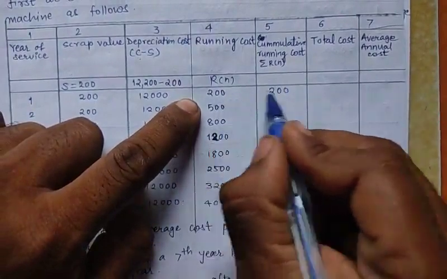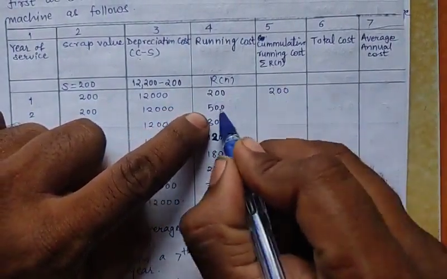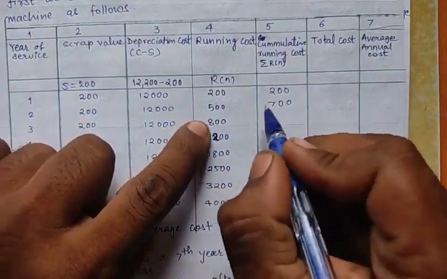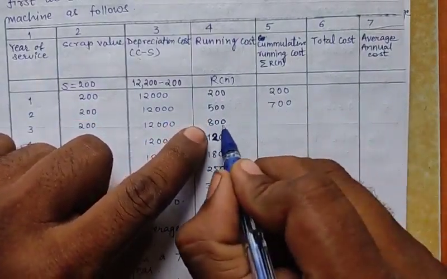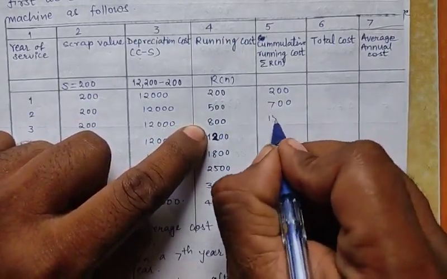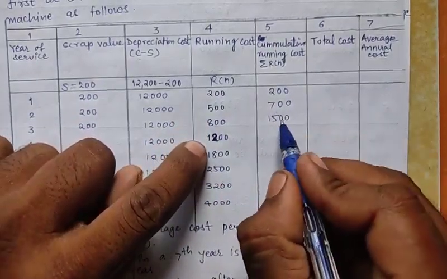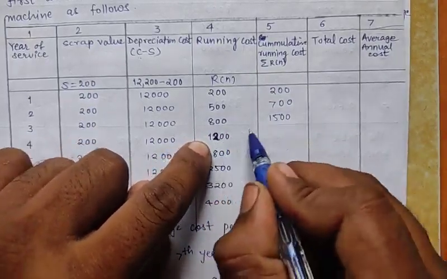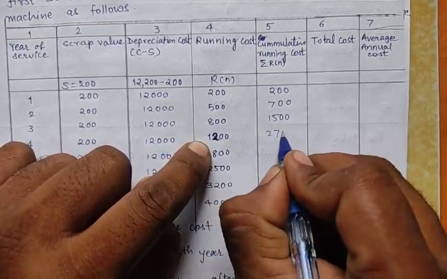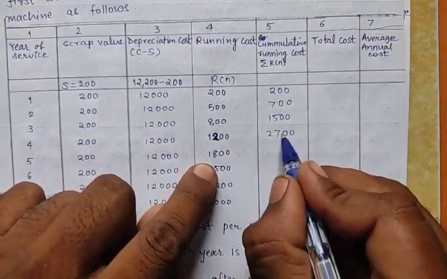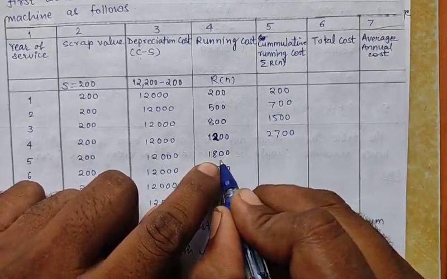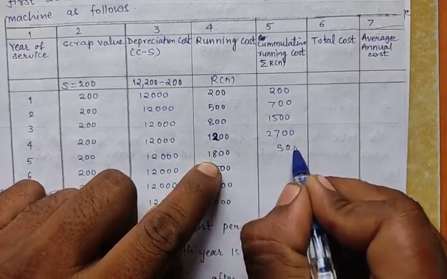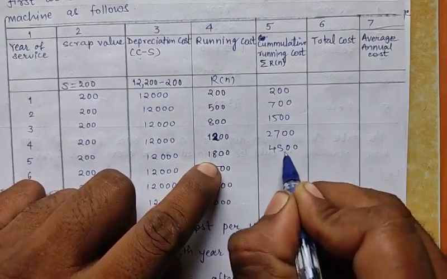Next, add this 200 with 500, we get 700. Next again add this 700 with 800, we get 1500. Next add this 1500 with 1200, we get 2700. Next add this 2700 with 1800, we get 4500.